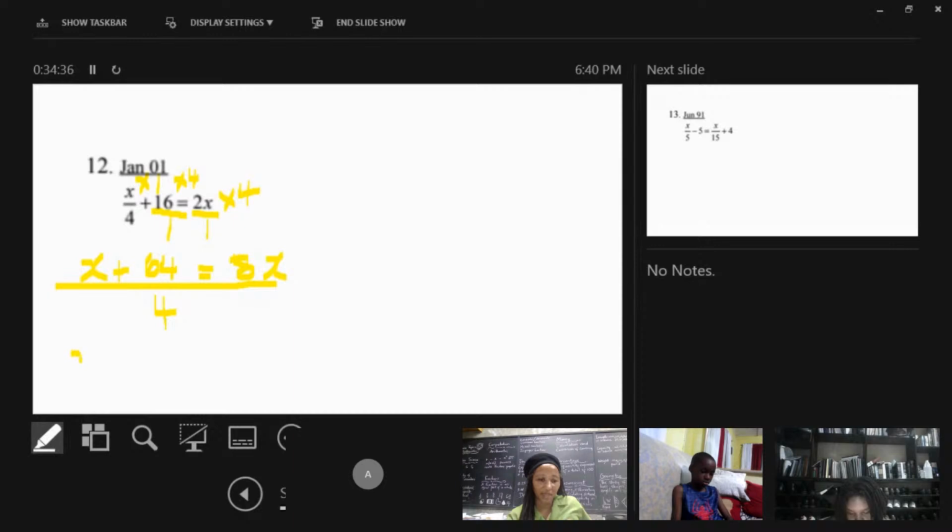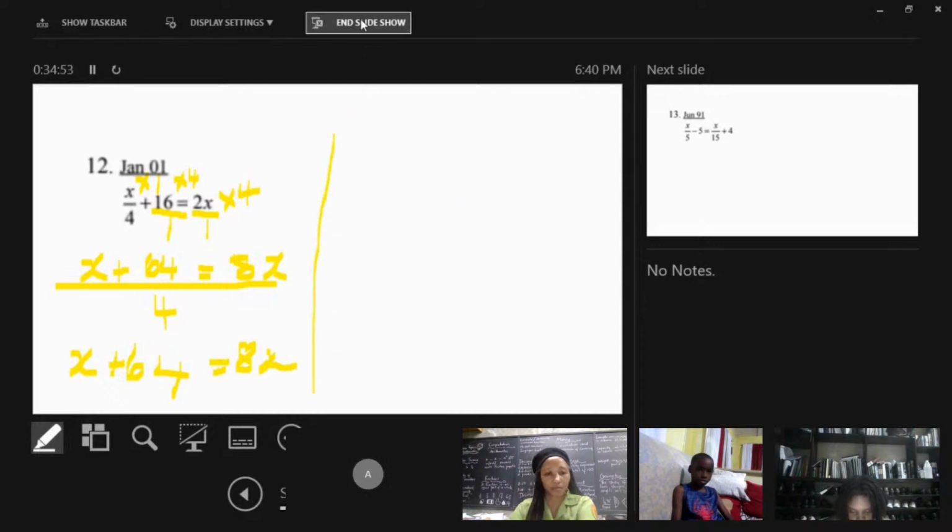So we have x plus 64 is equal to 8x. All right, where do we go from here? So we're going to have 64 is equal to 8x minus x because we're bringing the x over the equal sign.